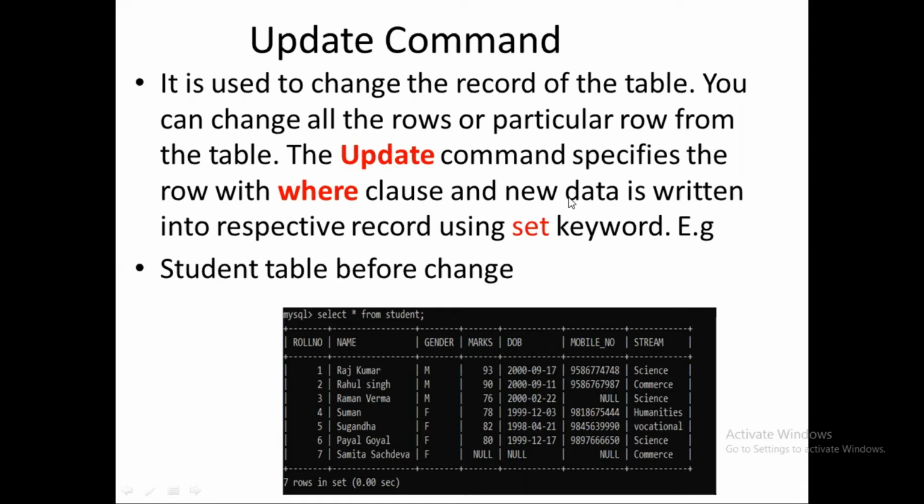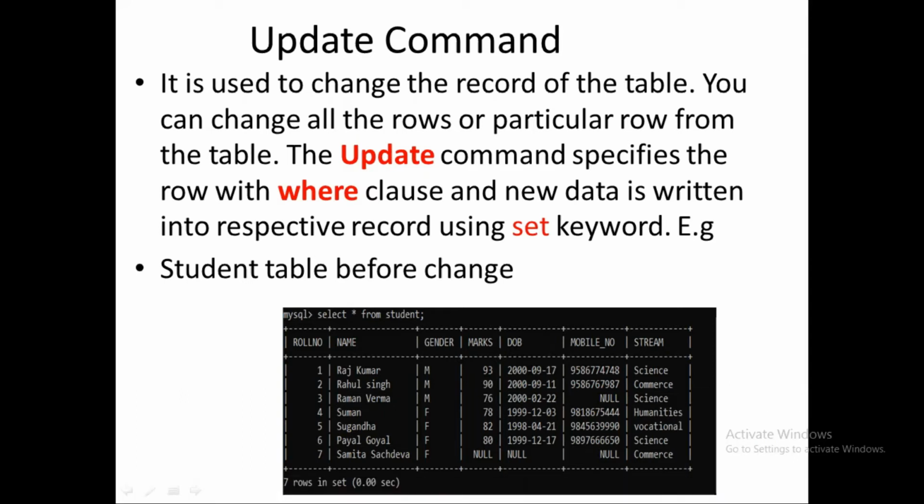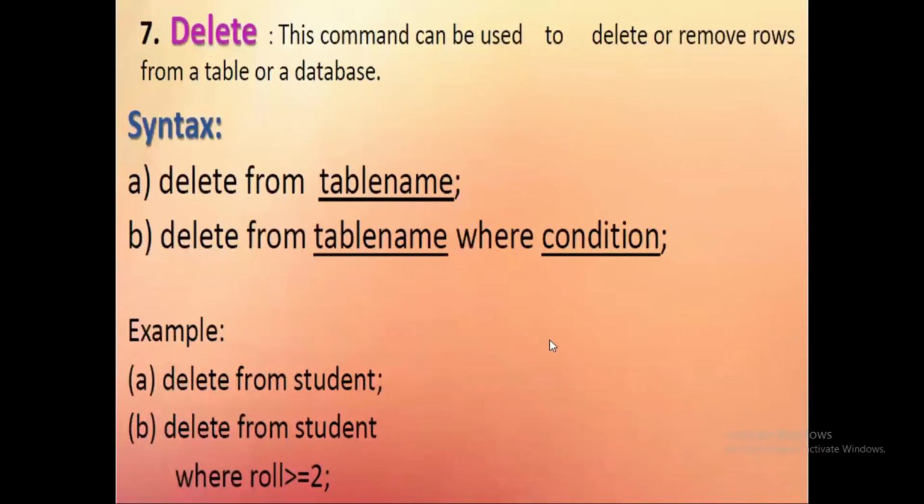But if you want to make changes within a specific row, then you can use where clause, right? As you know, where clause is used to select a specific row. So if you want to make any changes in a specific row, then you use the update command with where clause, right? And with update, we have to use what? Set keyword.